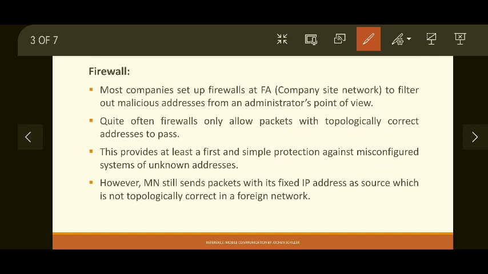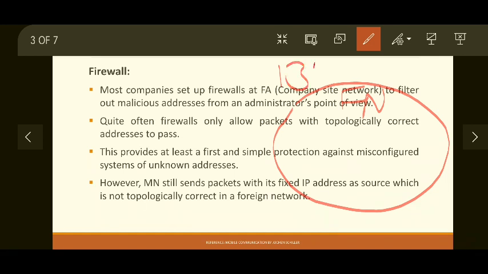What is a topologically correct address? Whenever you are part of a network, let's say this is the foreign network, that means you have a certain subnet address, let's say 130.40.0.0. All the nodes which are present inside this network will have an address starting with 130.40 and so on.